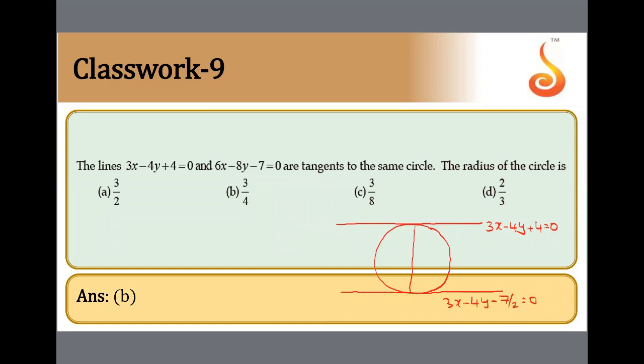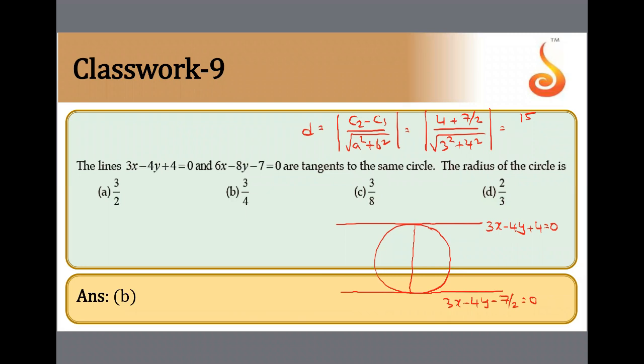We studied the distance between two parallel lines yesterday: c2 minus c1 by root of a square plus b square. So how much do we get here? 4 plus 7 by 2 by under root of 3 square plus 4 square. 4 twos are 8, 8 plus 7 gives 15.